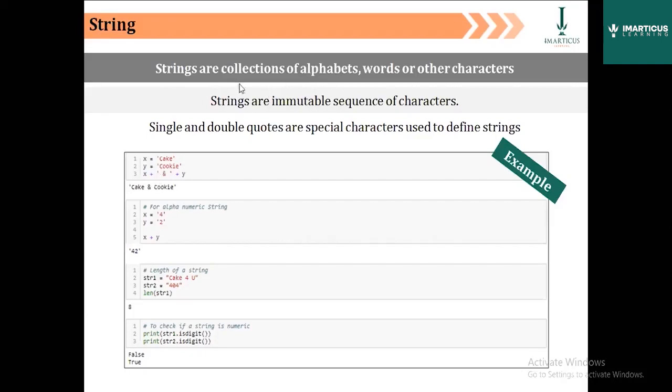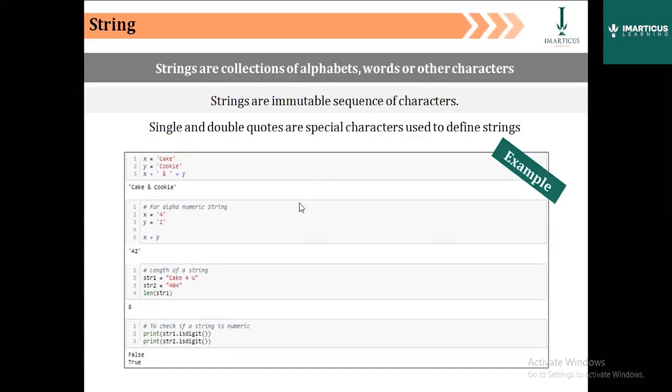Why I am saying this is, if I am assigning this cake an identifier X, and if I want to take out the second element, I can do that. That's why I'm saying strings are collections of alphabets, but with sequence having its importance.